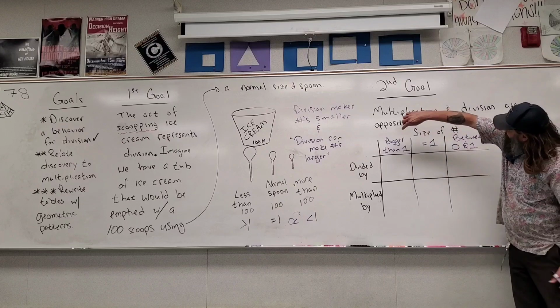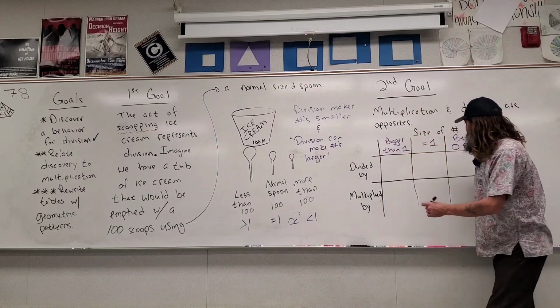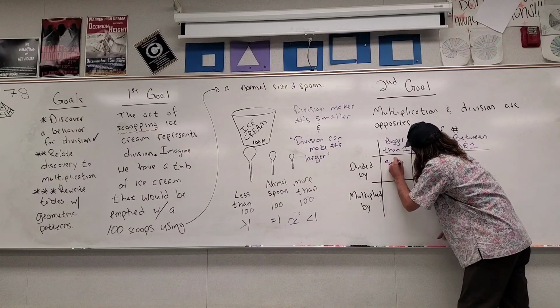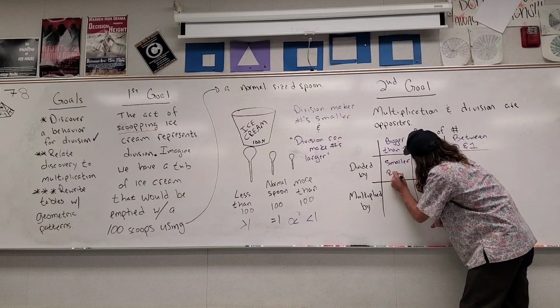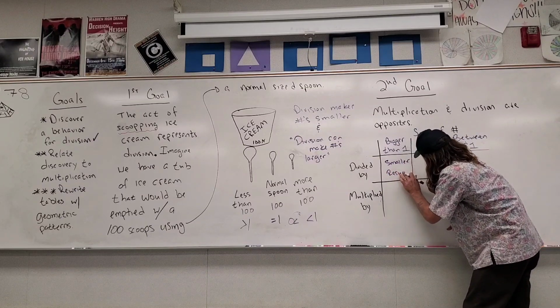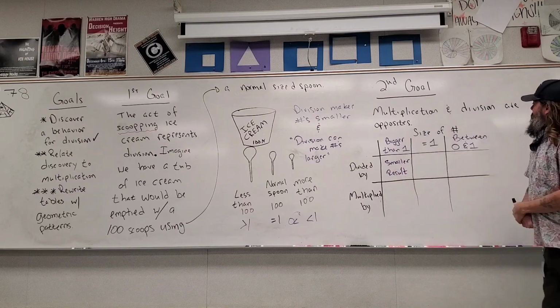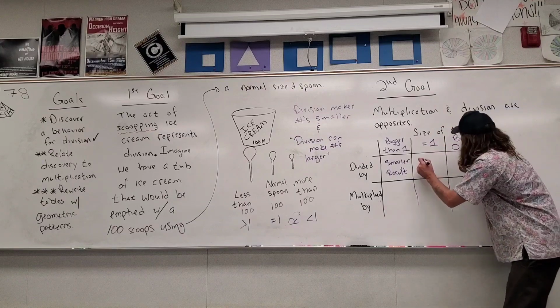So when I divide by a number bigger than 1, my result is going to be smaller, right? So we get a smaller result. When I divide by a number that's equal to 1, I get an equal result.